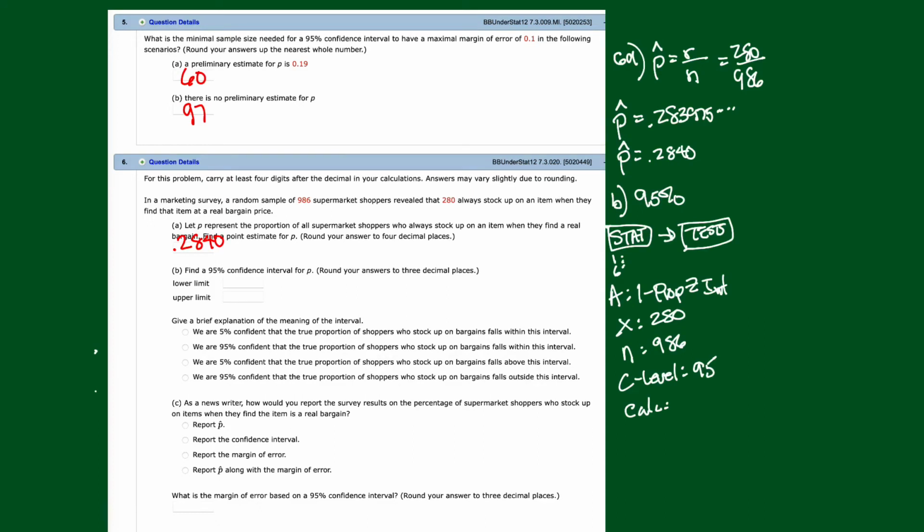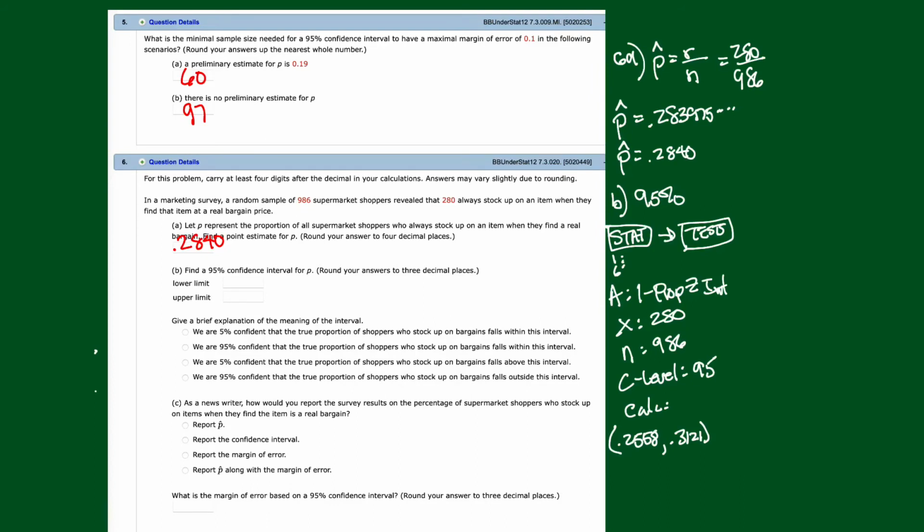Now my calculator shows 0.2558. Now it has a 3 after that, but I'm going on with just 4 decimals. 0.2558 and 0.3121.